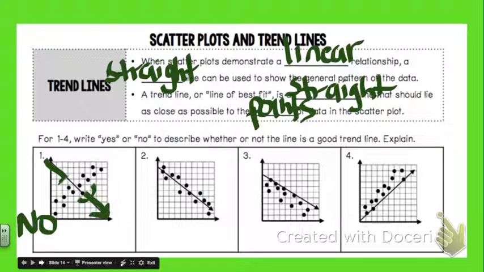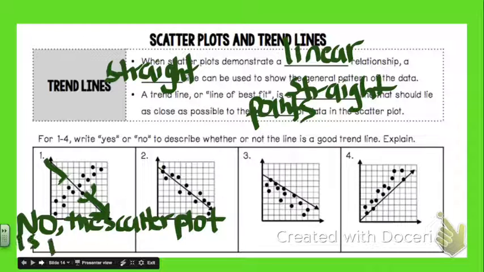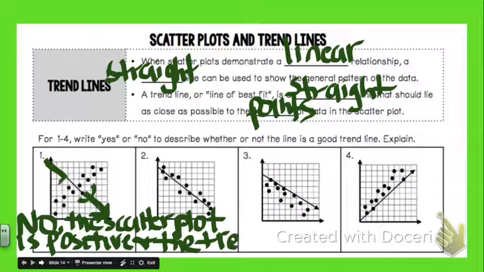And we're going to say no because the scatter plot is positive, but the trend line, also called the line of best fit, is negative.